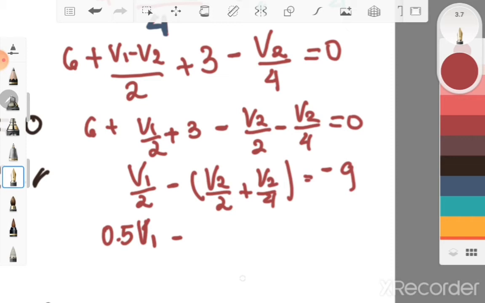It is equal to 3/4, tama? 1/2 plus 1/4. So, another tip, pag kahit sure na kayo at may calculator naman kayo, okay, mag-calculator kayo, guys. Okay? Kasi sayang din yung 1 point. 0.75 V2 equals negative 9.